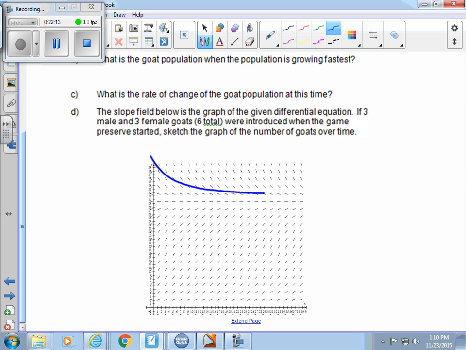This is a logistic slope field, right? They all look the same. The only difference is this thing right here, right? That thing is at 30. Ours is going to be at 18,000. And so Joseph is right. The point of inflection is going to happen when you're halfway to 18,000. So because 10,000 is above that halfway point already, you're already on that concave down part of the slope.